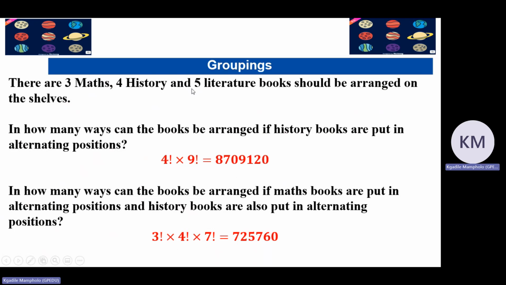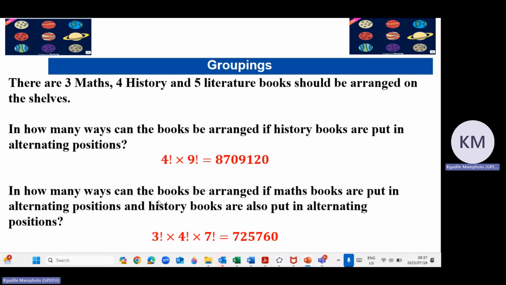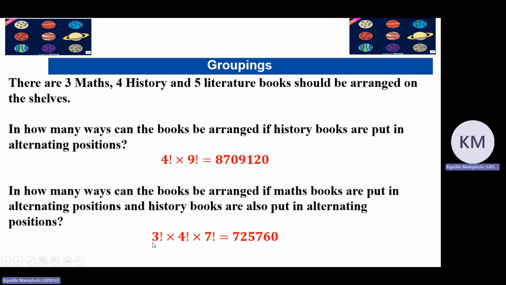Now, we didn't say the literature books are grouped. Then it will be 5 literature books plus the group of history books plus the group of maths books. Then it will be 7 factorial. Then you get the answer. So meaning it will be 5 literature books that are not grouped plus the group of history books plus the group of maths books. Hence we have 7 factorial here.